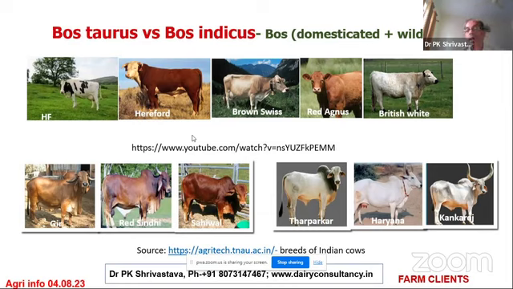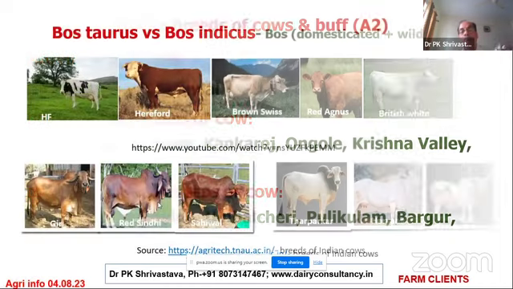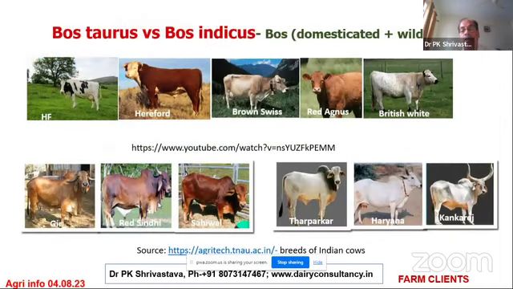When you look below the neck, you will find a lot of loose skin. You can see here, if the cursor is visible, all these are dewlaps. So this hump and dewlap were a kind of picture and phenotypic symptom showing that this is an A1 cow and this is an A2 cow.